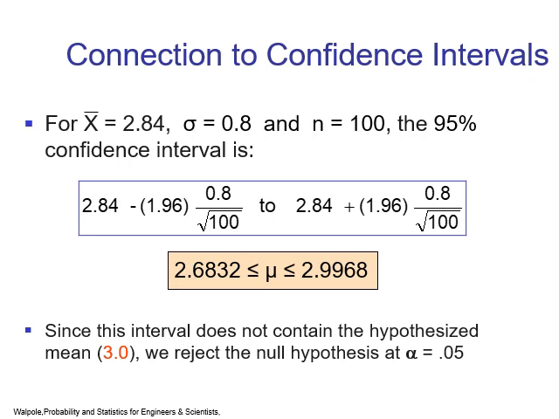Since this interval does not contain the hypothesized mean, we may reject the null hypothesis at alpha equals 0.05.